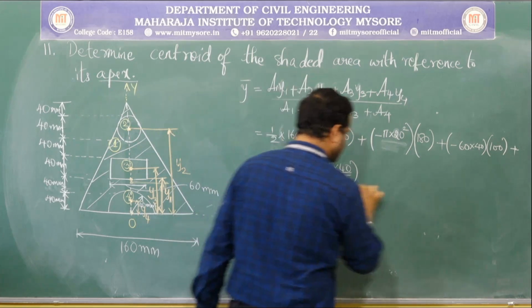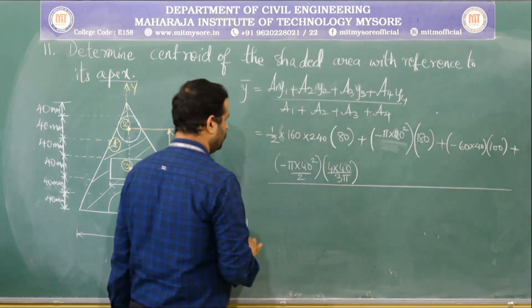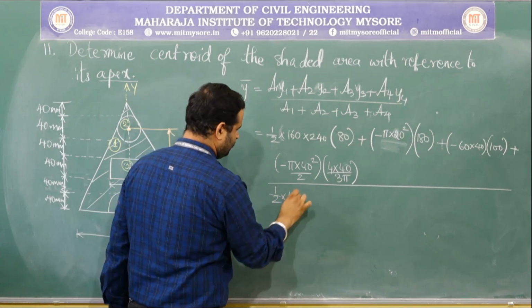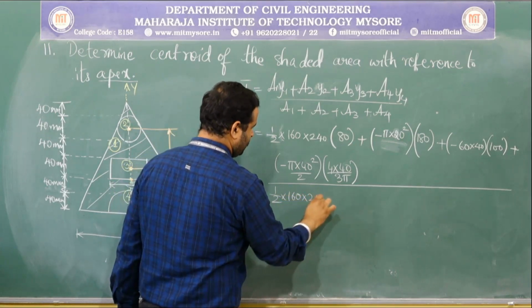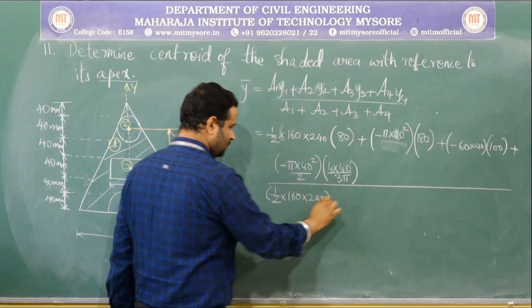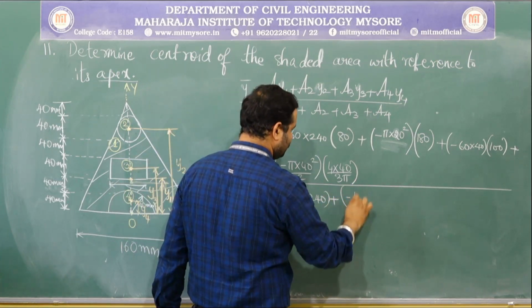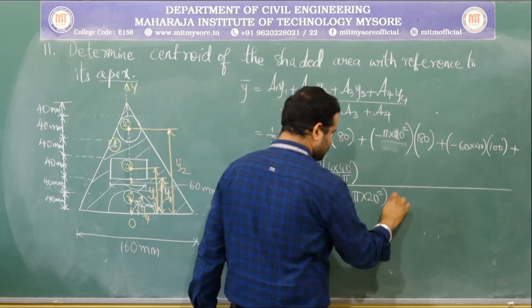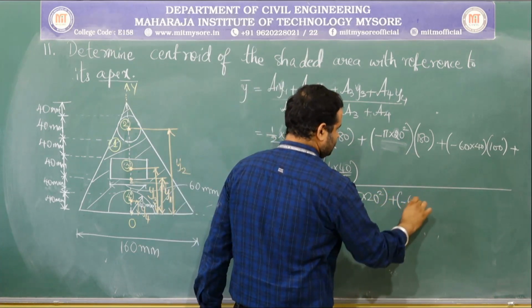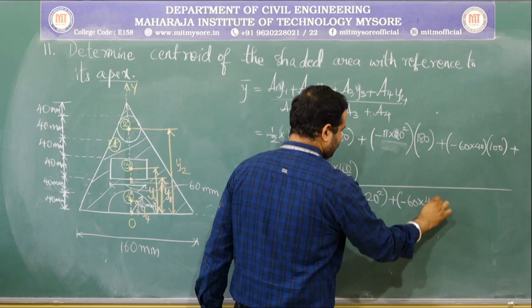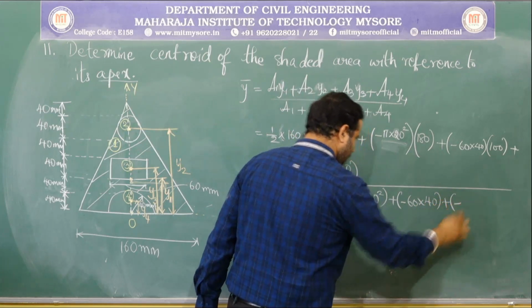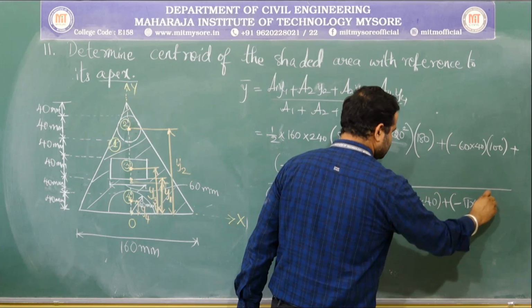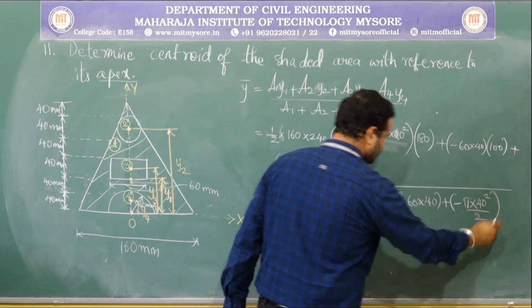So, this is the numerator whole divided by A1 is half into 160 into 240 plus minus of pi into 20 square plus minus of 60 into 40 plus minus of pi into 40 square by 2.